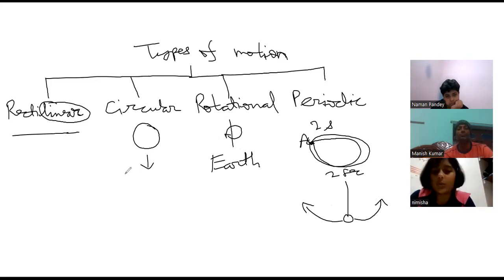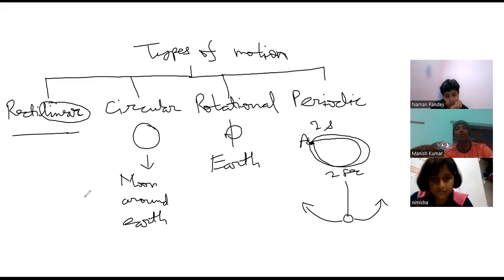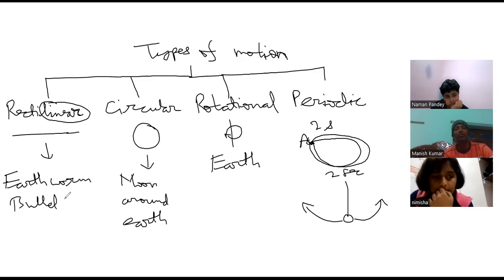Moon around Earth. Okay, Naman? Earthworm, sir. And rectilinear, earthworm. A bullet. Earthworm is also right, and bullet is also right. So all the four terms are understood: rectilinear, circular, rotational, and periodic. Yes, sir.